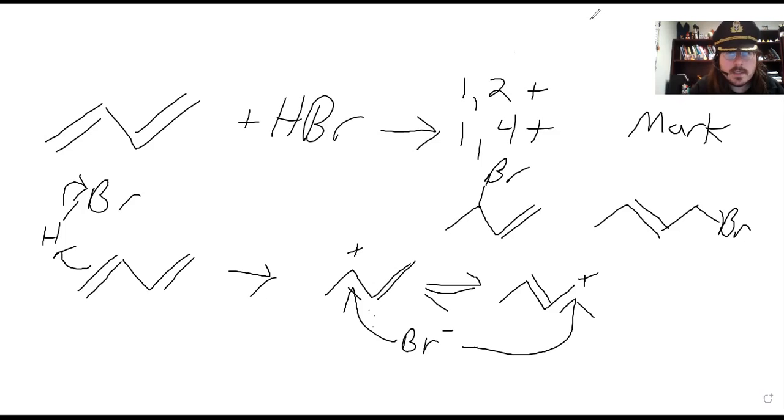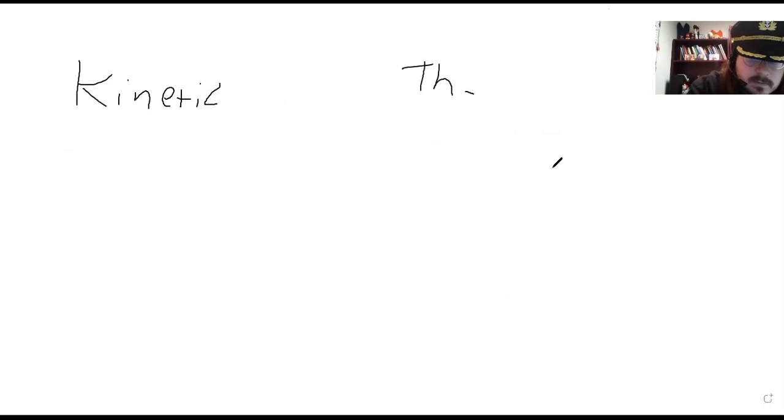You can actually control which product forms through what's called kinetic versus thermodynamic control. Kinetic, remember, has to do with speed. A kinetic product is a fast reaction. Thermodynamic means we form the most stable product.